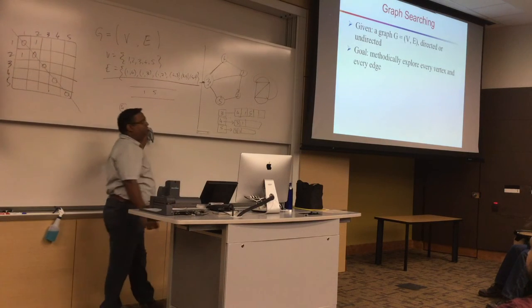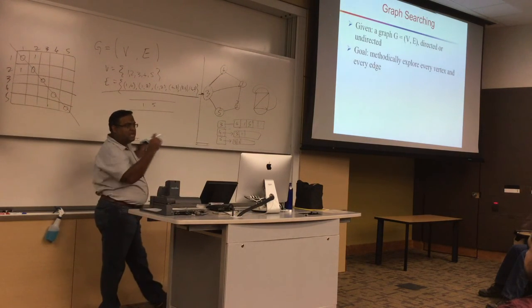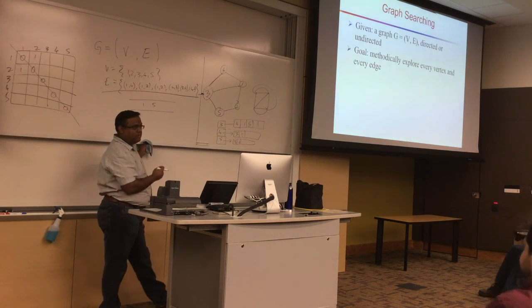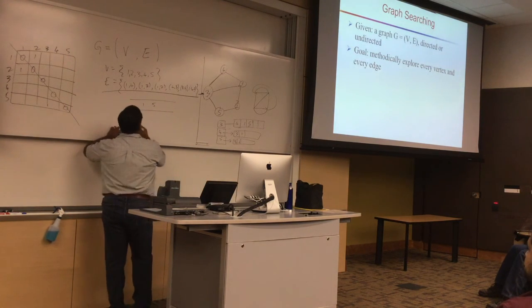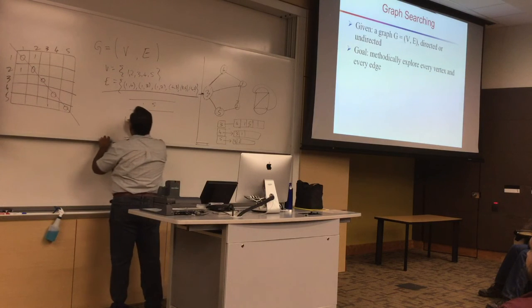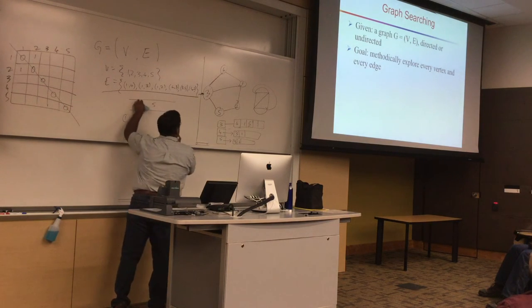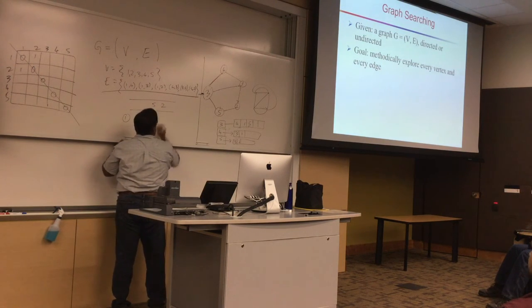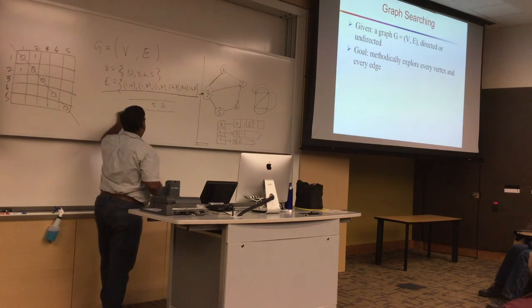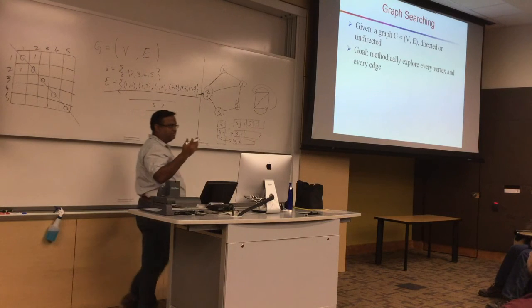But 1 has already been put in there. We'll maintain that information somehow that 1 has been put in there. You're not going to put it again. So 4 has been explored. Now you take out 1 from the queue and you explore 1. You go to 3 and 2. 3 has already been explored. So you put 2 in there. And then you take 5 out and so on.